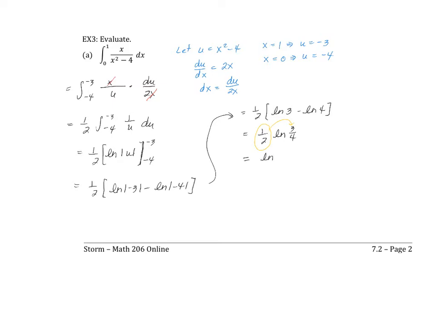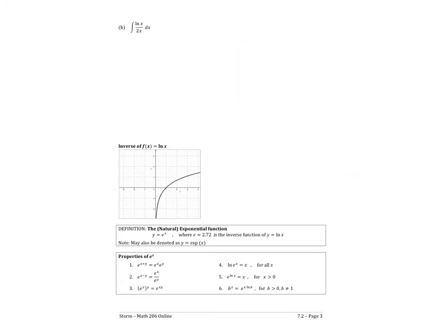So I'm going to have the natural log of 3/4 to the 1/2 power, and if you remember, the 1/2 power is just the square root. So we have the natural log of the square root of 3/4. Okay, so this is much nicer than stopping here. So this is where I would stop. Okay, let's do another example.